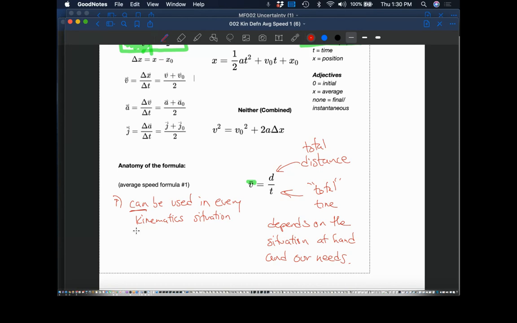It can be applied in any and every situation. And two, this one is not so well known. It is perhaps the single most important kinematics formula to know and use. It can be used to solve a much wider range of problems than it's typically given credit for.